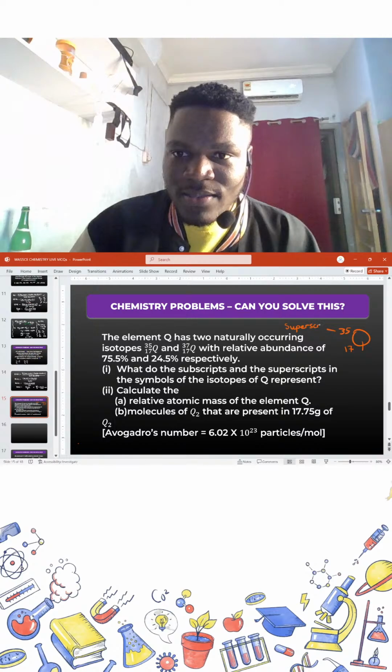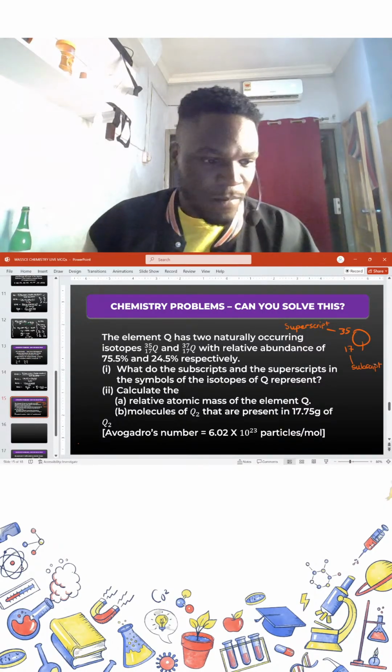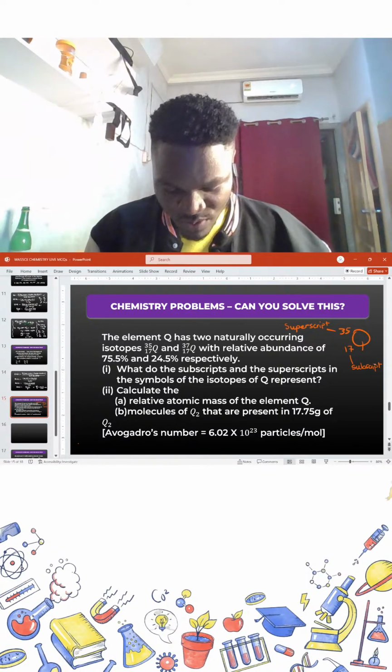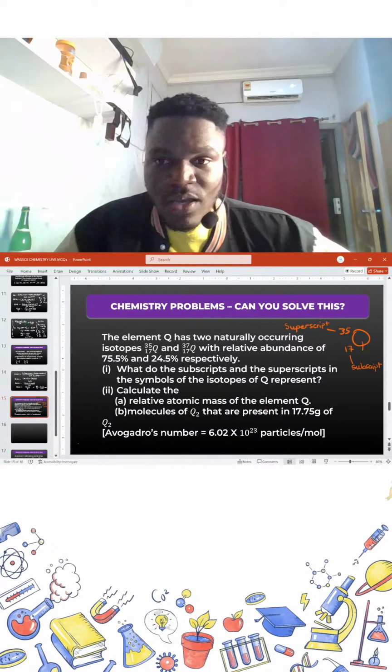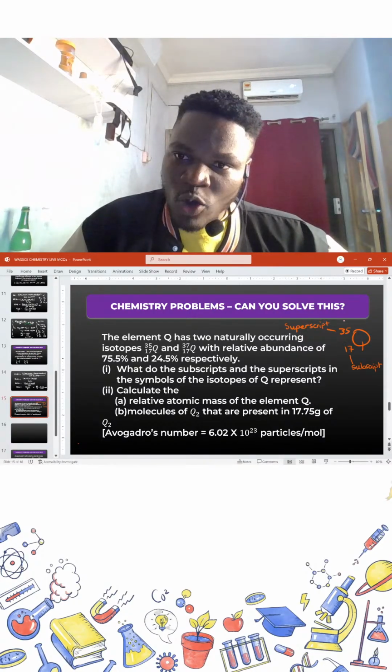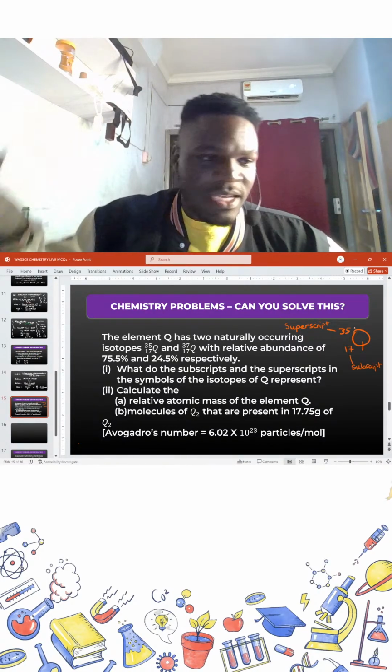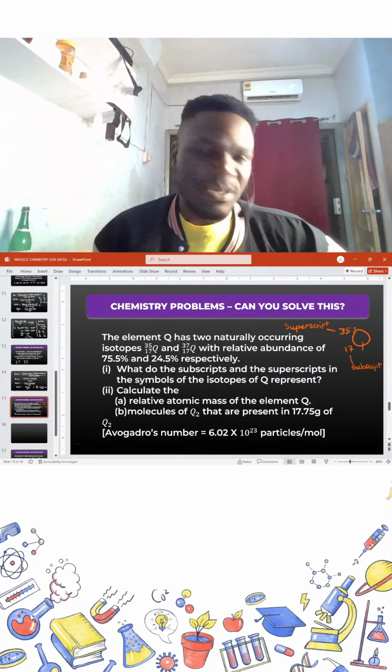Are you okay? And then the number at the bottom over here is what we are calling the subscript. So this is what we are referring to as superscript and subscript. The number on top of the isotope is what we are calling the superscript. The one at the bottom is what we are calling the subscript.